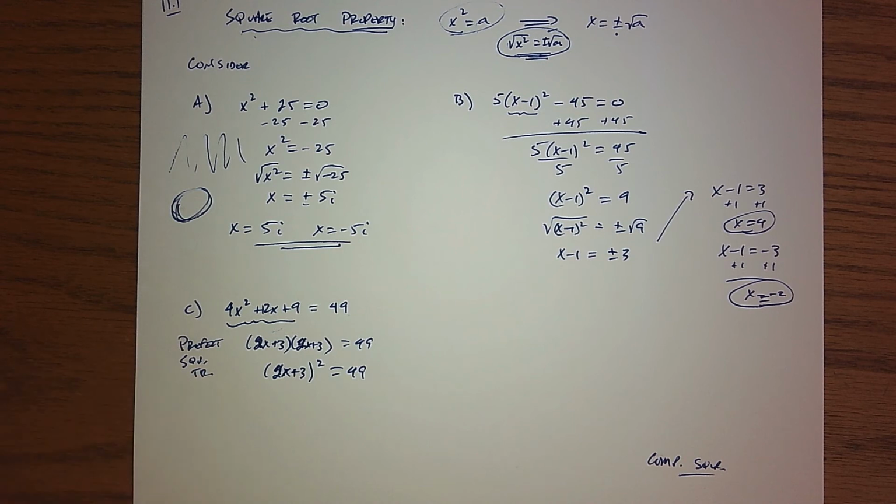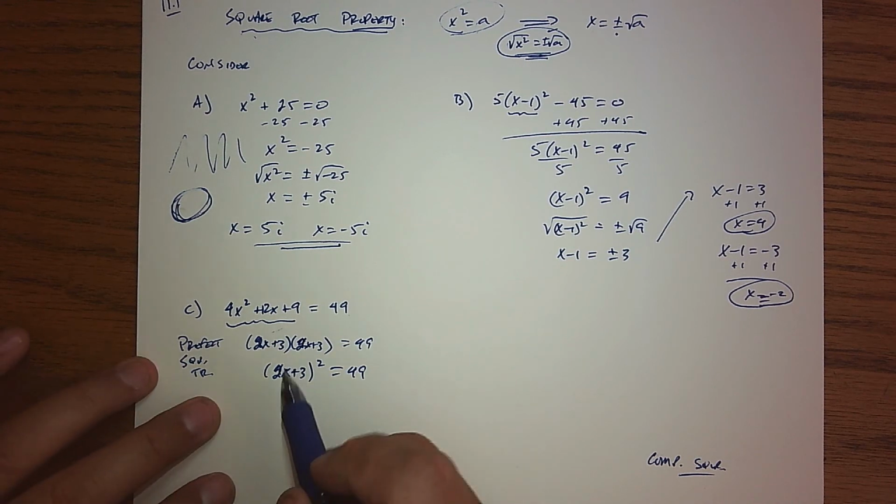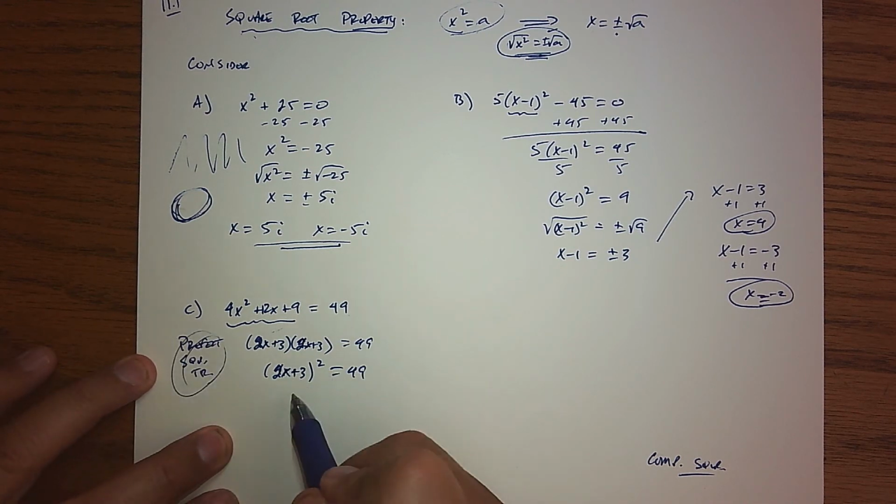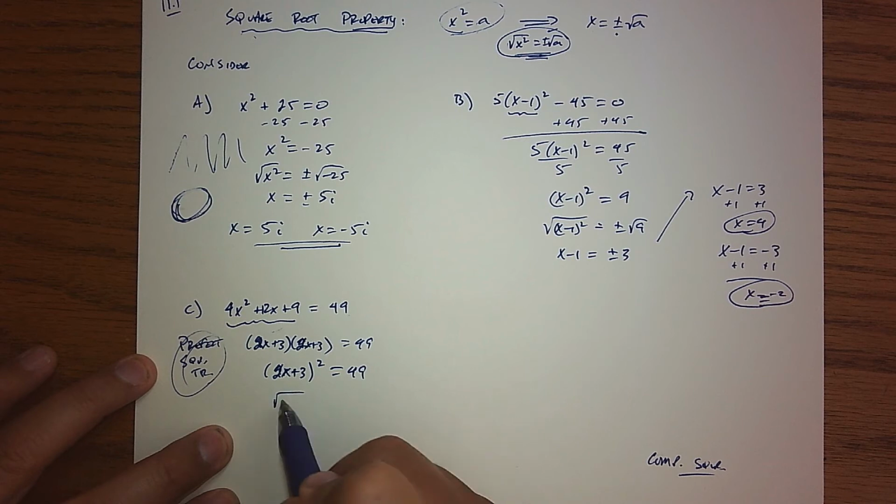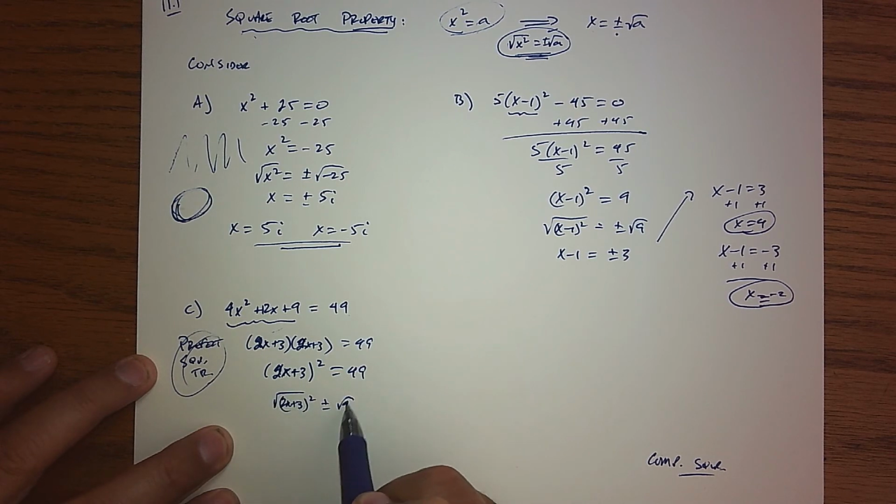Okay, and so now I can employ the square root property. So it turns out for that case, it's probably a lot faster than factoring if you see that. And so if I take a square root, introduce my plus minus, we get 2x plus 3 equals plus or minus 7.